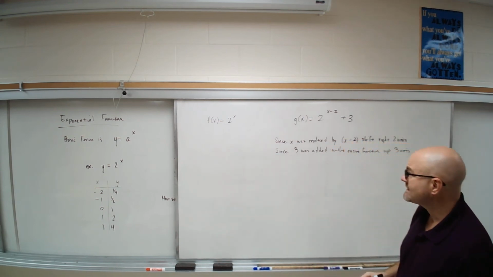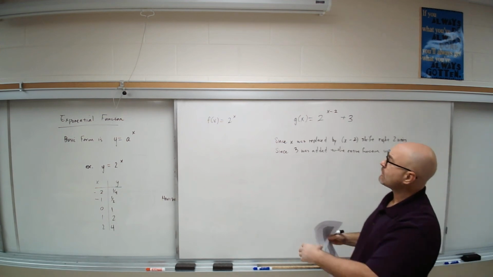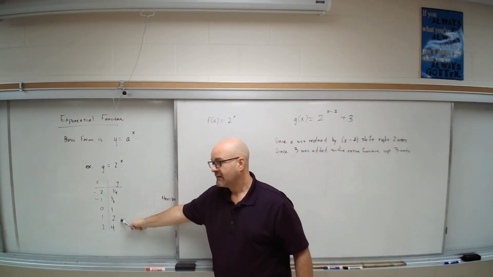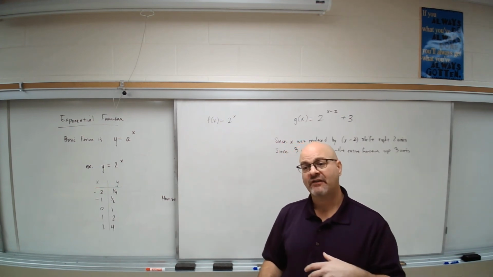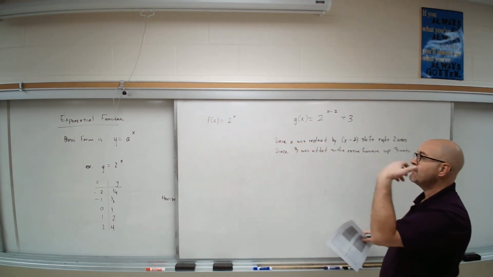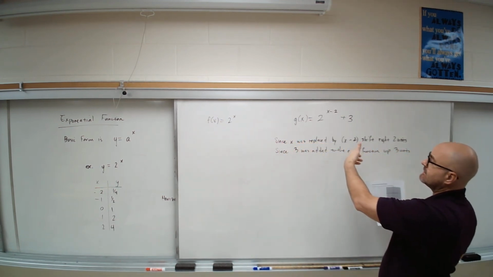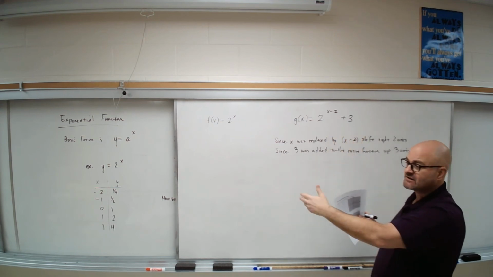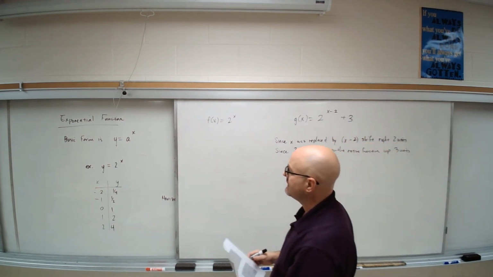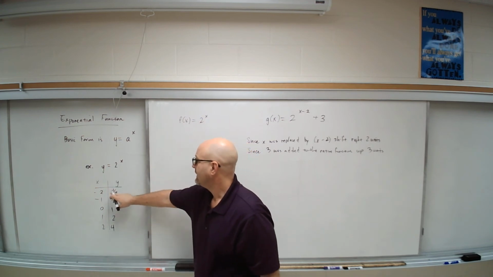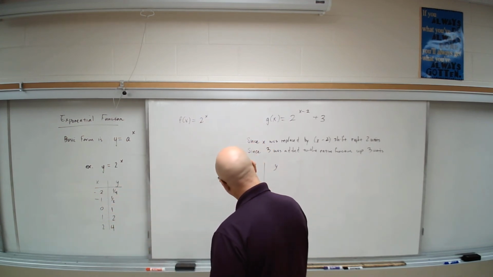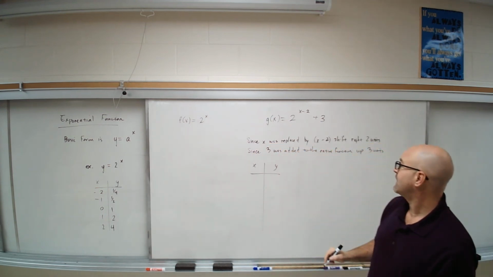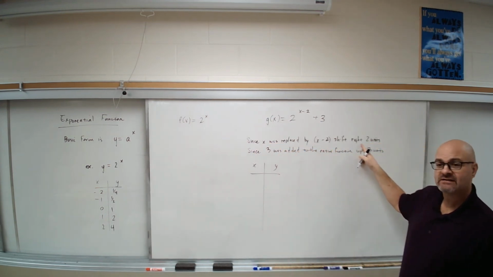Now what that means is since we already know the graph or the table for this parent function, we can just go to that parent function on these pretty straightforward ones, and then we can just shift each of the points. So each of those x values, we're going to take all the x's and shift everything right 2 units.